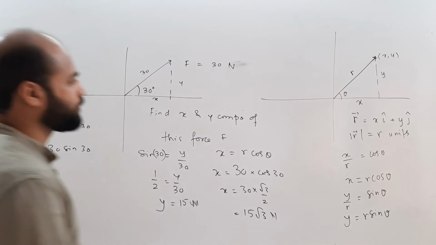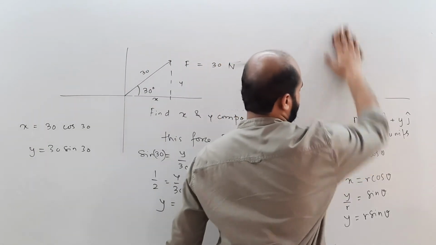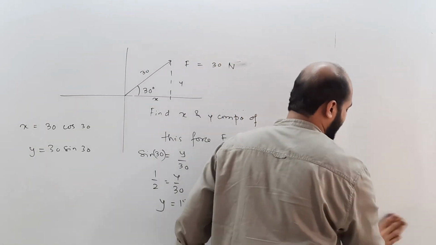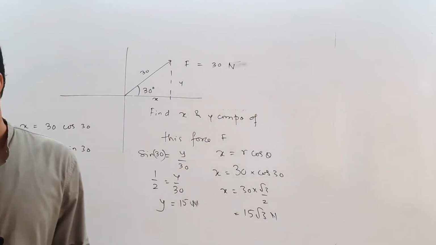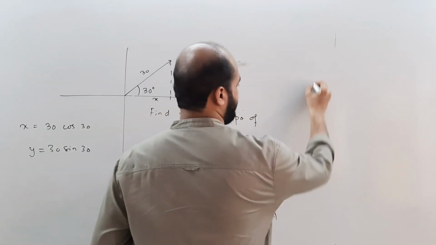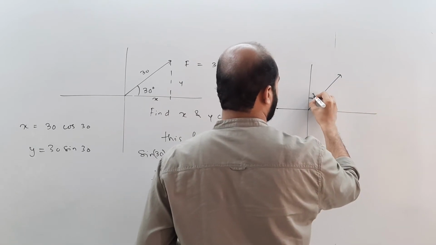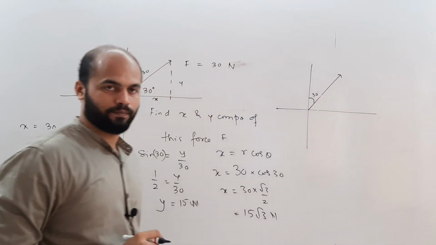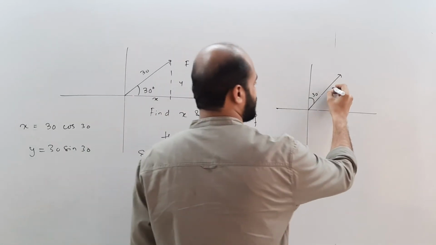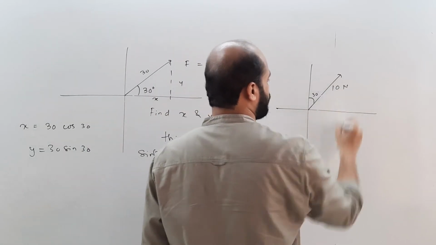Let's take one more example. Now we'll slightly change and we'll write the angle to this, that is, this is 30 degrees now, and let's say this is 10 newtons.